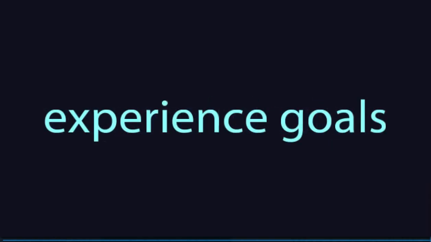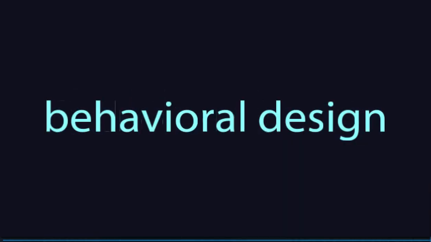So the visceral level works fast. Visceral design designs for affect, and the experience goals are how the user wants to feel. The behavioral level is simple everyday behaviors, and behavioral design influences other levels, and end goals are what the user wants to do.